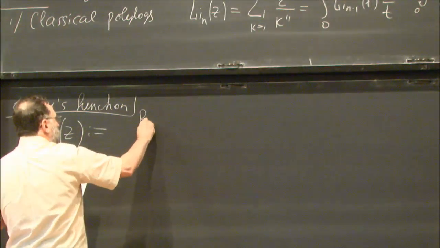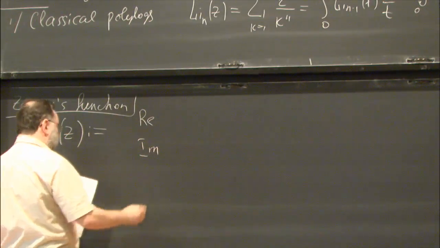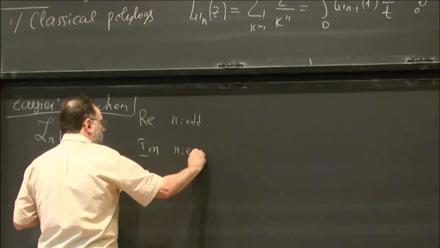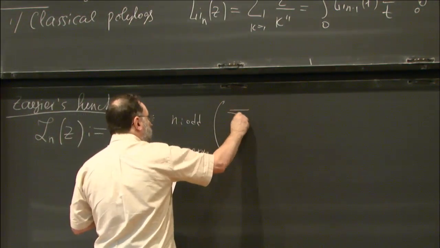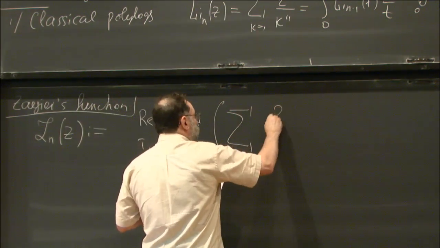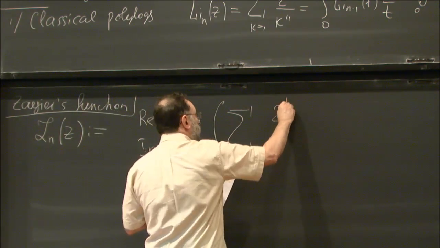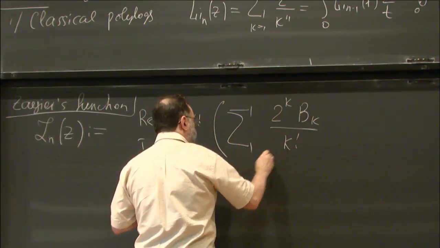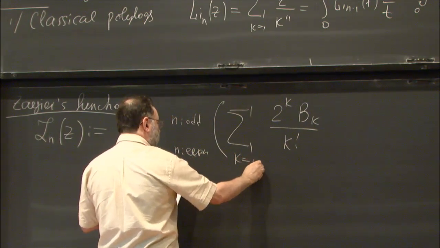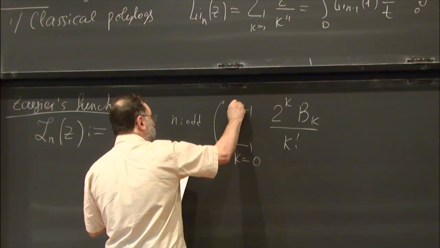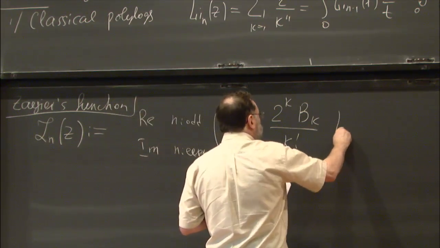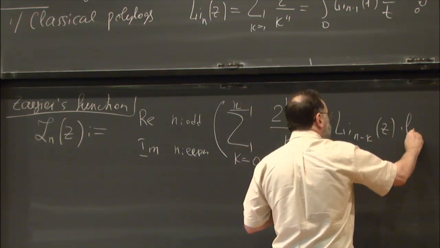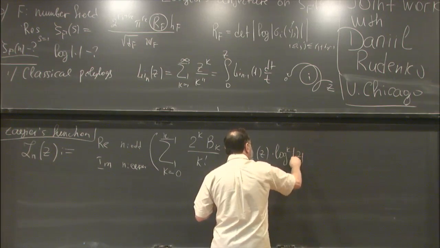And it's defined as sometimes the real part, sometimes the imaginary part, real when n is odd, imaginary when n is even, of the following expression: a sum of B_k, Bernoulli number, divided by k factorial, where k goes from 0 to, let's say, n minus 1, of Li_{n-k} of z times log^k absolute value of z.